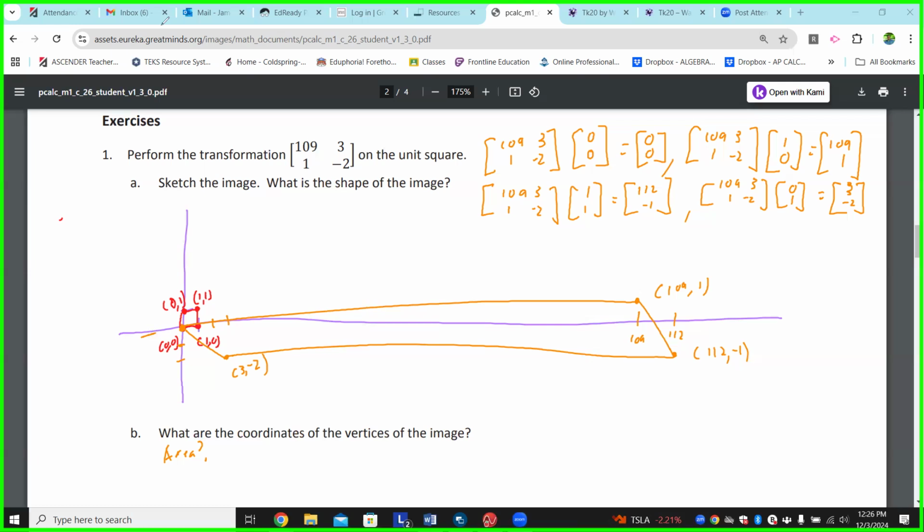Here, this is 109 units to this point right here. It's not 109. 109 times 2 would be what? It's 218. That's incorrect. The answer is 221.